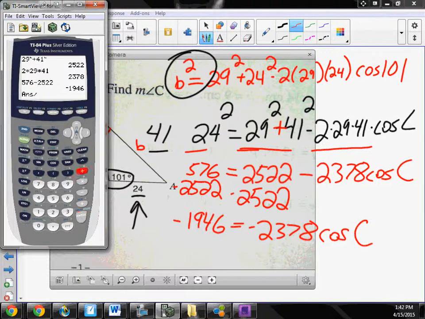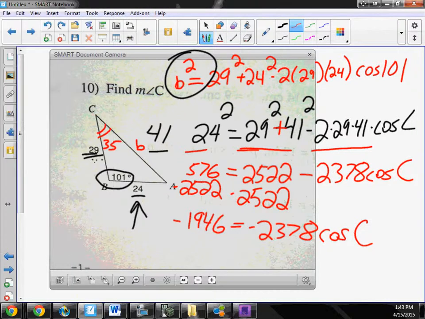Divide by negative 2378. How do I know that's a good number? Between 1 and negative 1. So I take the inverse. It's 35 degrees. So this is 35.